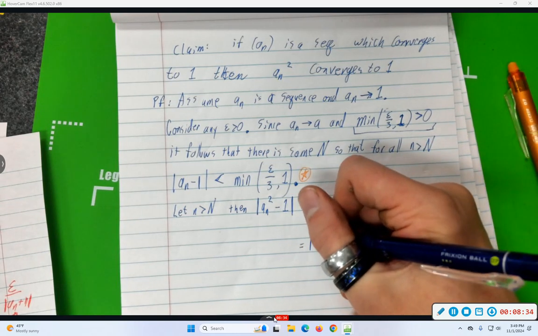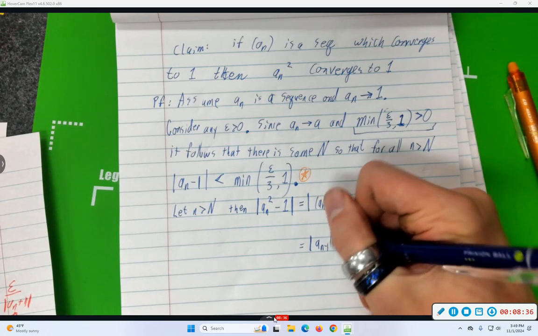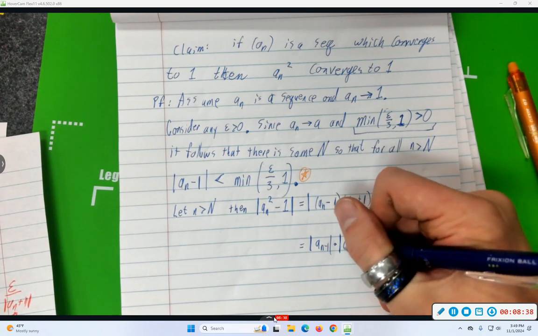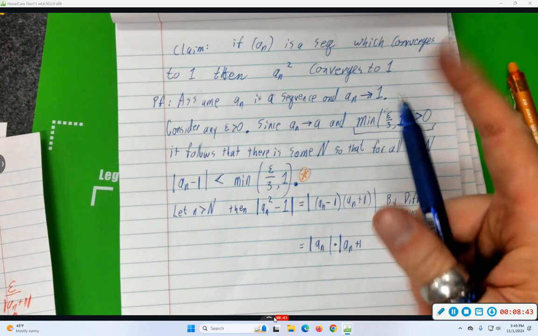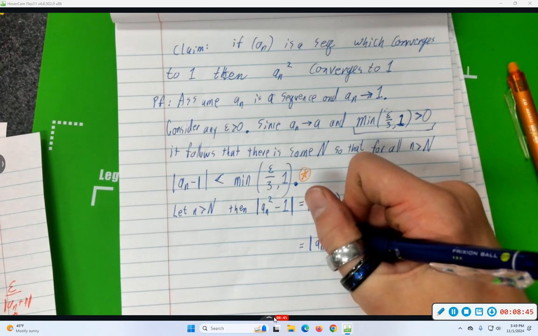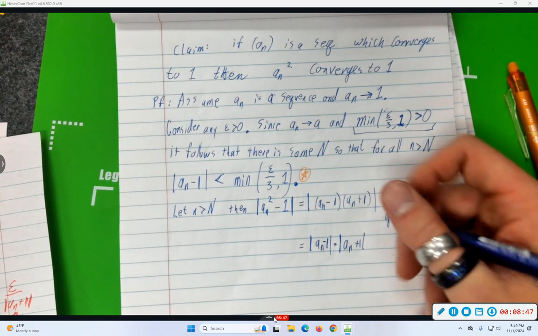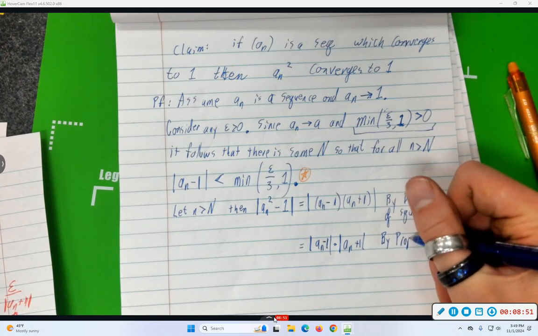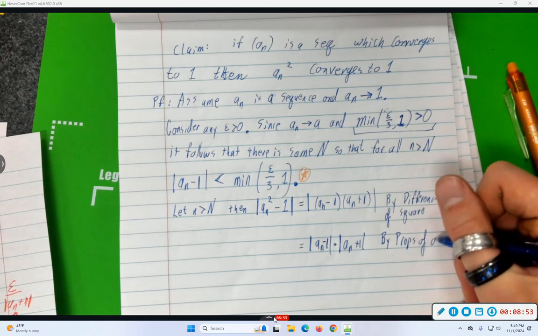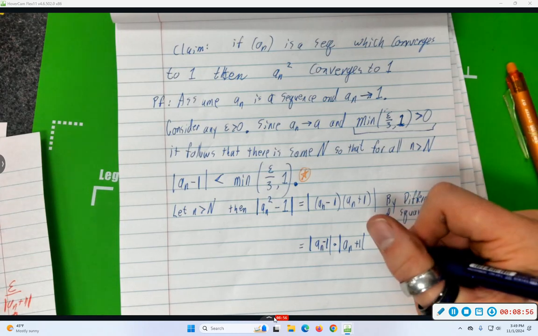This is equal to the absolute value of a_n minus 1 multiplied by the absolute value of a_n plus 1, by properties of absolute value.